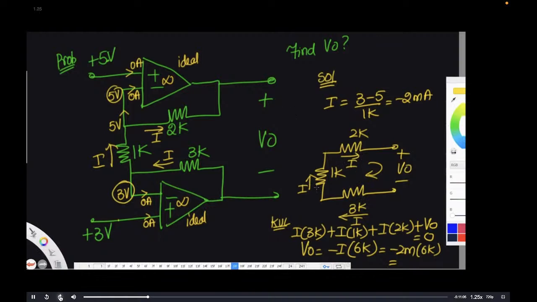And the current here is 2. So how many volts is this? V naught is minus I, so it's going to be 12 volts. Good. 6 2s are 12, right? Six twos are 12.